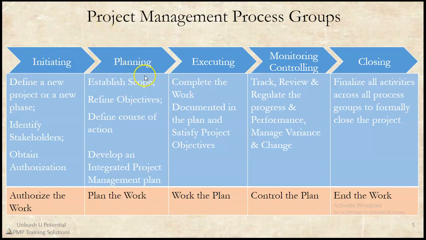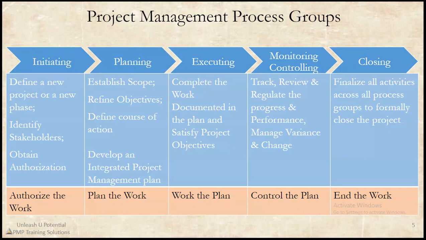Then we move on to planning. At the time of planning, we establish the scope, we refine the objectives, and we define the course of action. What we are going to do, what activities we are going to plan, what kind of development life cycle, what are the phases.